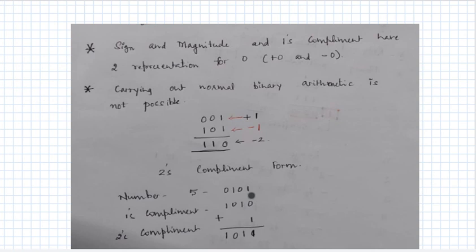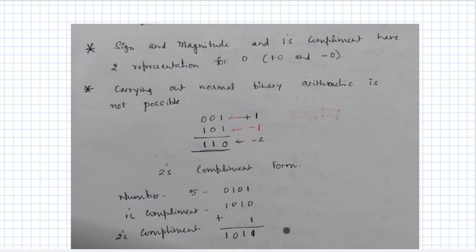If I have to find its negative form, I will take the 1's complement and add 1 to it. Taking 1's complement is just flipping the bit, 0 to 1 and 1 to 0. Adding 1 to it, 0 plus 1 is 1, and the other digits remain the same. So if plus 5 is this, then minus 5 will be 1 0 1 1.